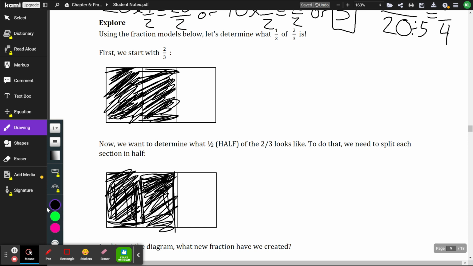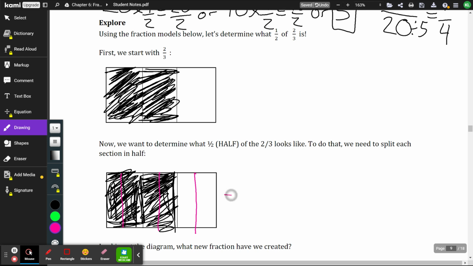Okay, so like I said, I cannot split my 2/3 into halves, but I can split each individual third in half. So maybe I'll show a different color. I separate this into half, this in half, this in half. Now I've changed my fraction.